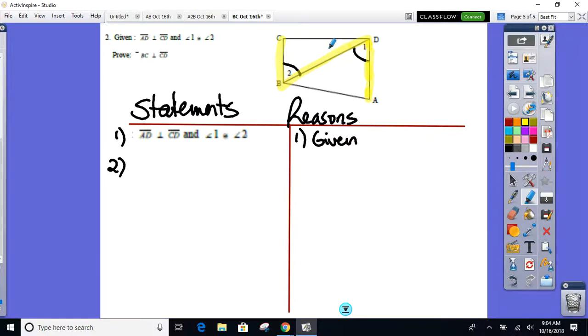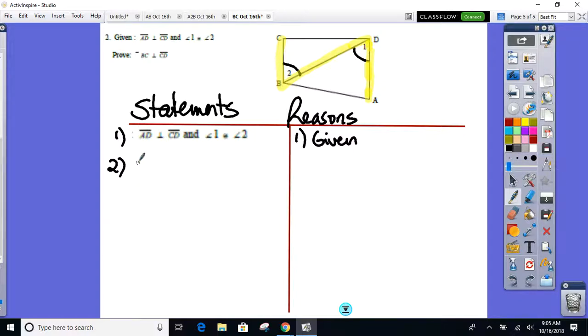If you ever notice any problem we've done with alternate interior, you will see the letter Z being formed, whether it be forwards or backwards Z, and then whatever it eats up are your alternate interior angles. So if you want to take that, go right ahead. Can't believe I just showed you that.